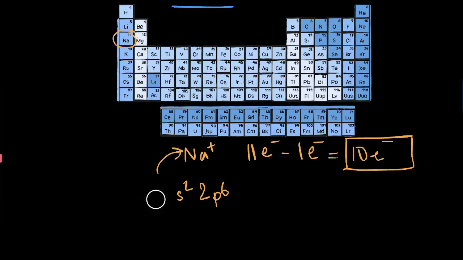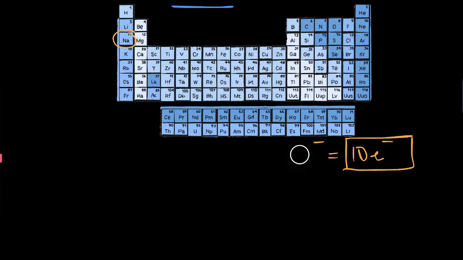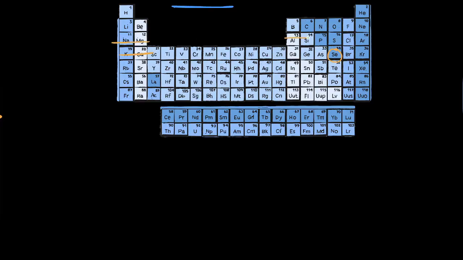Feel free to use your periodic table, come up with more examples like this for yourself, just to get the hang of finding these electron configurations. You'll notice oftentimes they are very similar. You'll just notice patterns forming, as a lot of it just remains the same. For instance, if we were all the way down here looking at selenium, all of these would be the same as compared to, say, silicon.